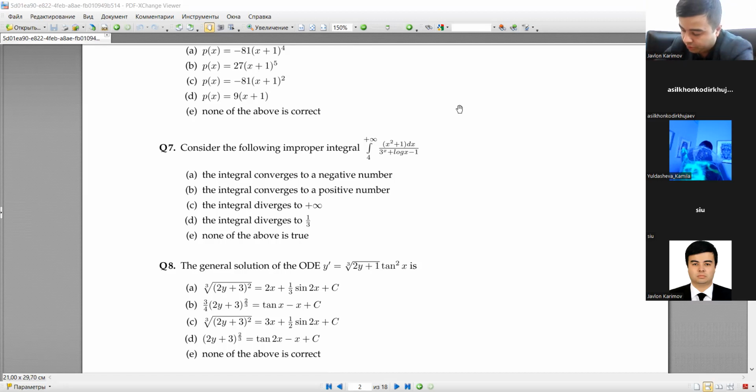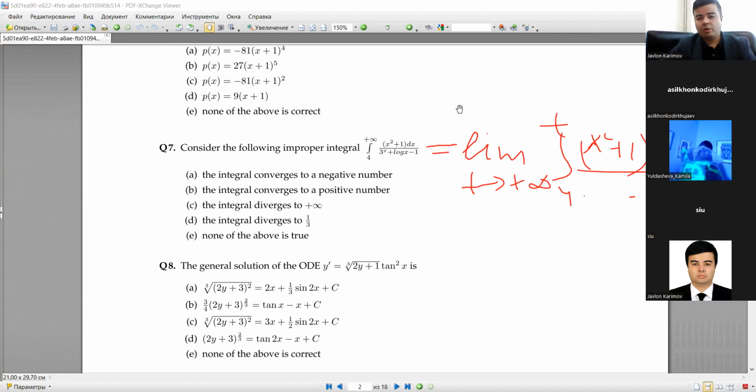It will be equal to the limit as t tends to plus infinity, from 4 till t, of x squared plus 1 dx divided by something. I will not write it here. Of course we have to solve it this way, but in this case we can determine whether it converges or diverges.